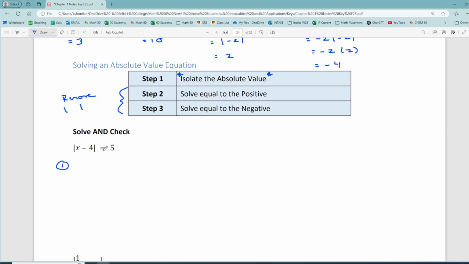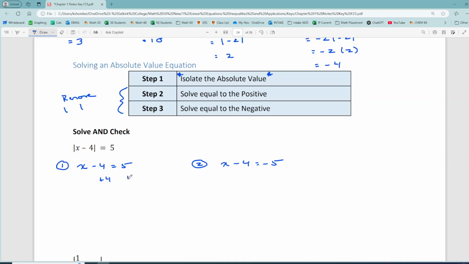You're going to solve it once equal to the positive. So you'll say, what would make x minus 4 equal to 5? And then you'd solve it again equal to the negative, and you'd have x minus 4 is equal to -5. So notice when I wrote these two equations, they became linear equations in one variable. I wrote them twice to remove the absolute value brackets. That is the purpose of these 2 steps here. And then I'm just solving.